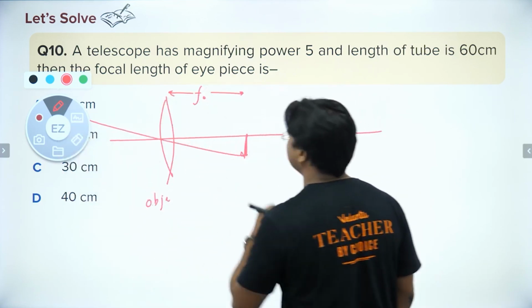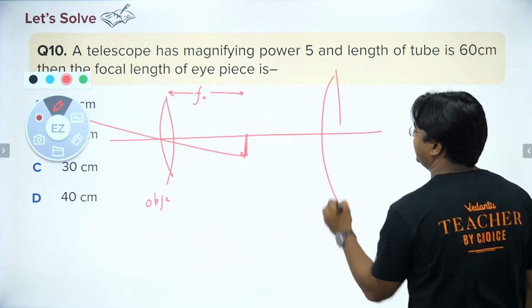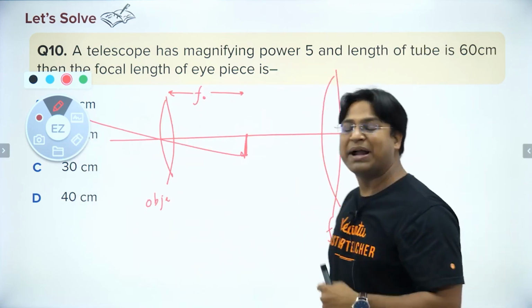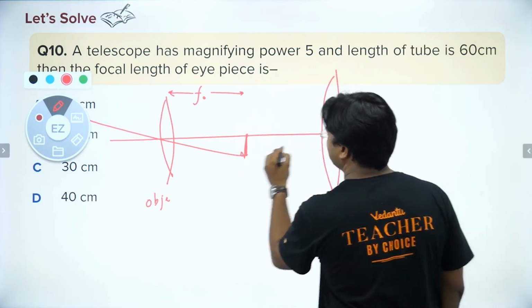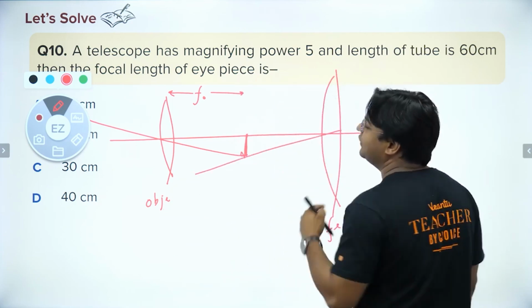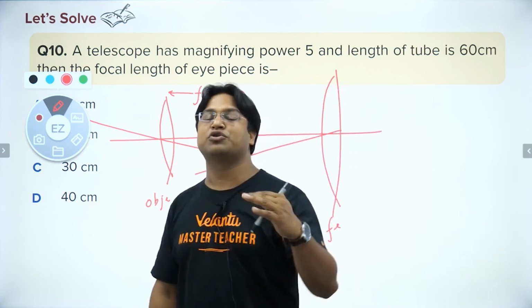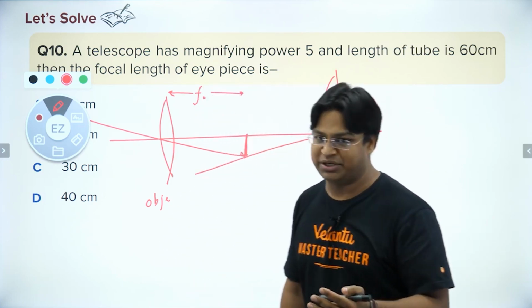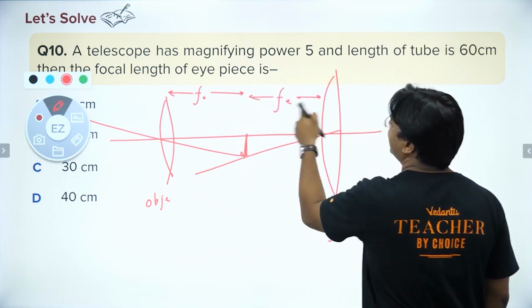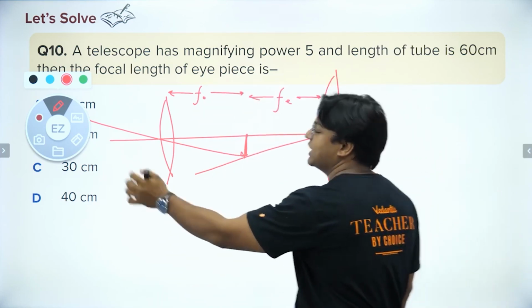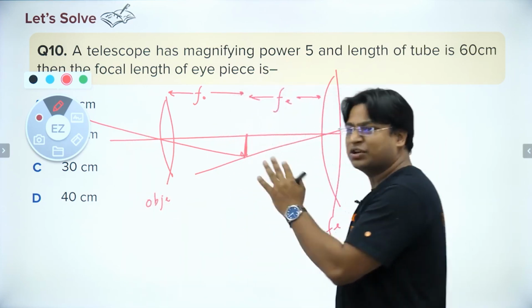Now the second lens that we keep here acts as a simple magnifying glass or a simple microscope, and produces a magnified image. So if we want the telescope to be in normal adjustment, then we maintain this distance as the focal length of the eyepiece so that the image can be formed at infinity. All right, this is the theory of telescope.